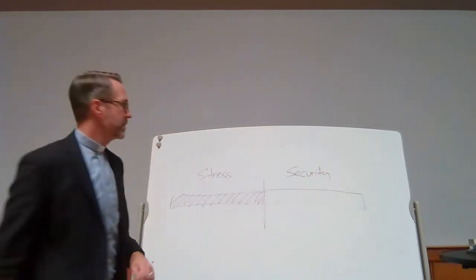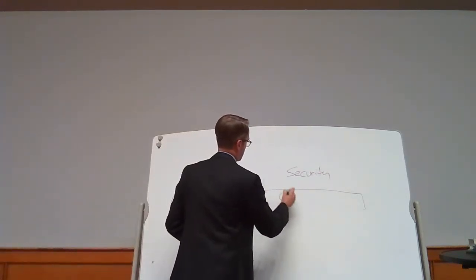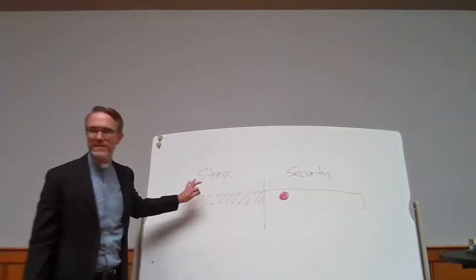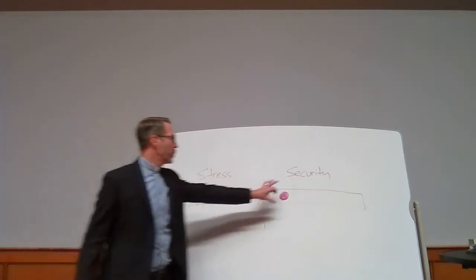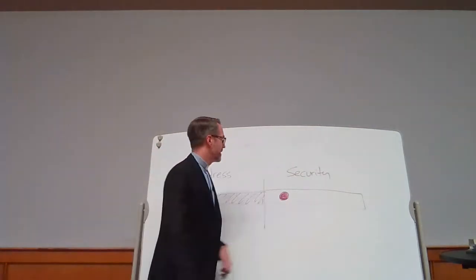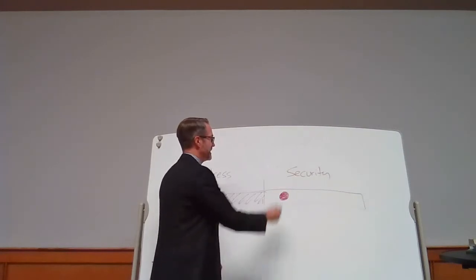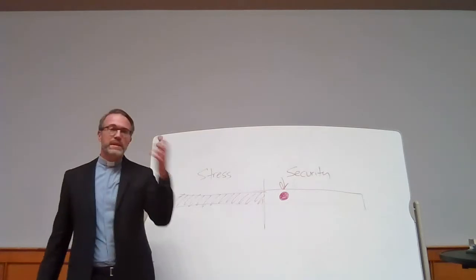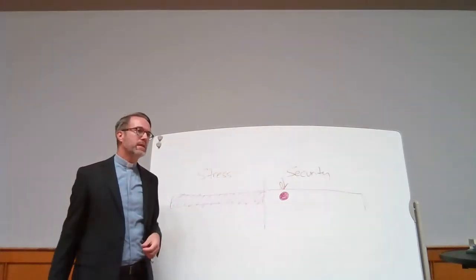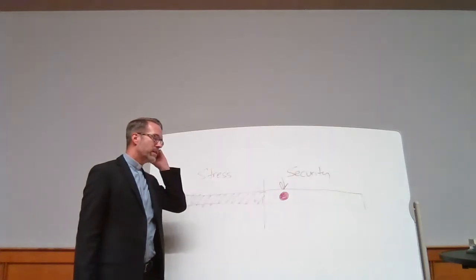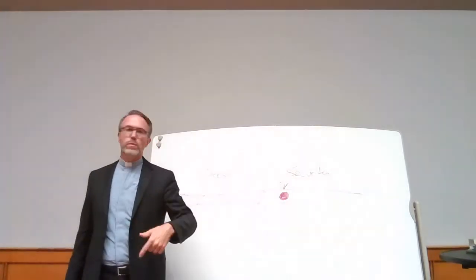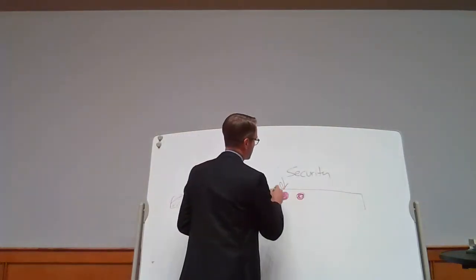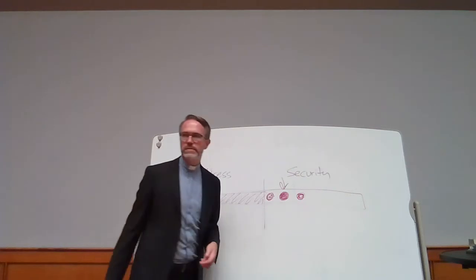So unhealthy is this. If we're calling the colored in ones stress and the open ones security, this is feelings of stress even in an environment of security. Think paranoia is just one example. So when we are unhealthy or when we are immature, we'll find all kinds of reasons to be stressed out when there's really nothing to be stressed out about.